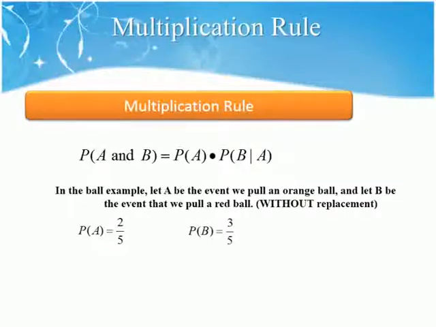The probability of B was 3/5. Since the probability of B changed once we already picked out an orange ball to 3/4, we have to change the probability of A and B to reflect this.